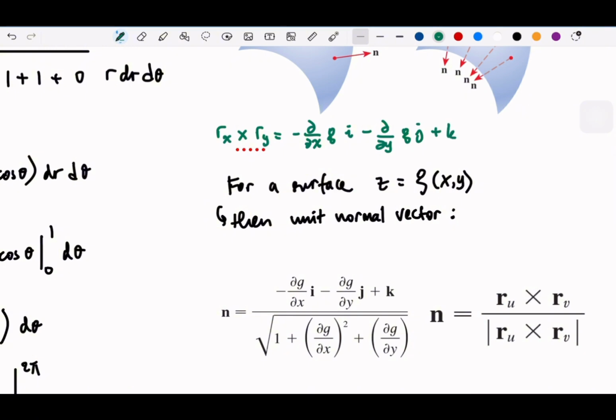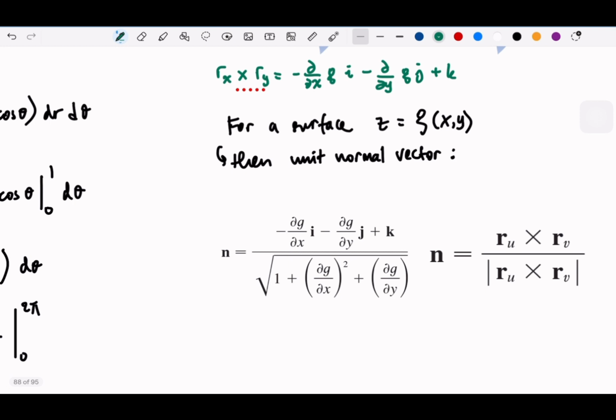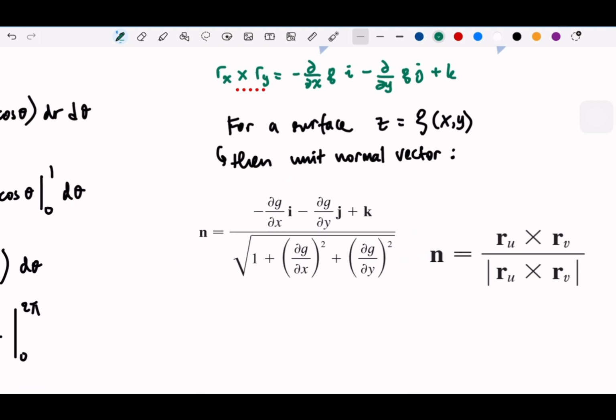From there, we can make this unit normal vector n, and practically we can write this as Ru cross Rv divided by its magnitude.